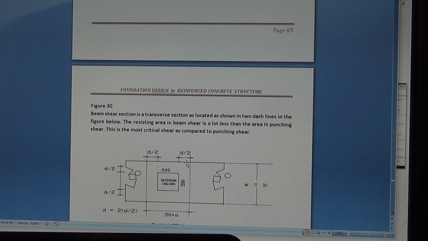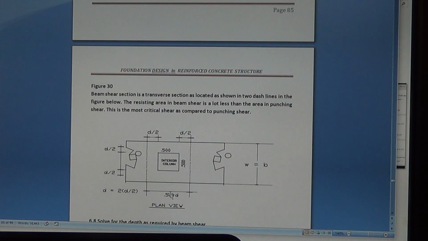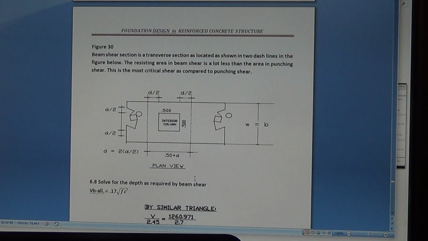Analyze it like a square, because the reinforcement is only up to here for transverse. Okay, so you gotta determine that. W equals B. And this distance here is the width of the column plus D. The calculation of designing the D, that's how deep your foundation is.